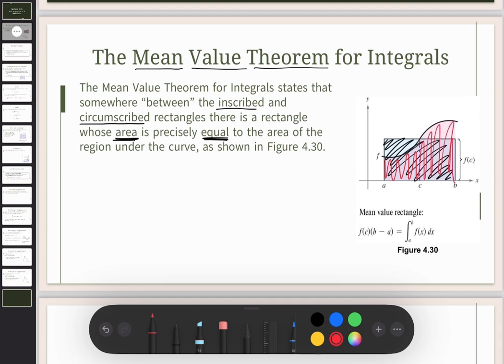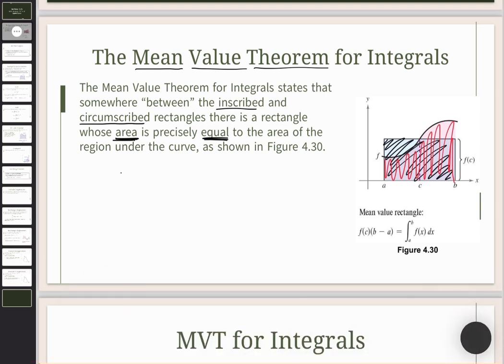What we often want to do with these problems is figure out what C value would give us the perfect height, f of C, to find the area of this rectangle. So I can say that the area of the inscribed rectangles is going to be less than the area under the curve, which is less than the area of the circumscribed.